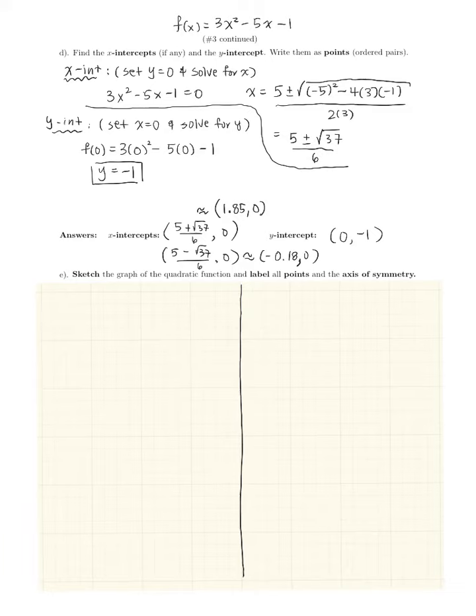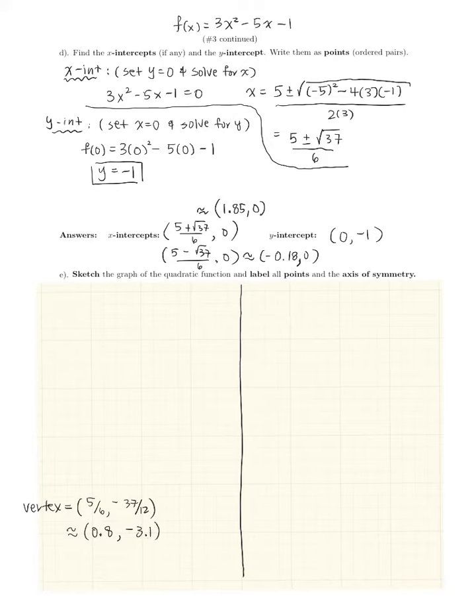From the previous problem, our vertex was 5 over 6, and then negative 37 over 12. Now, that's another ugly number, so approximately this is 0.8, comma, negative, maybe 3.1?